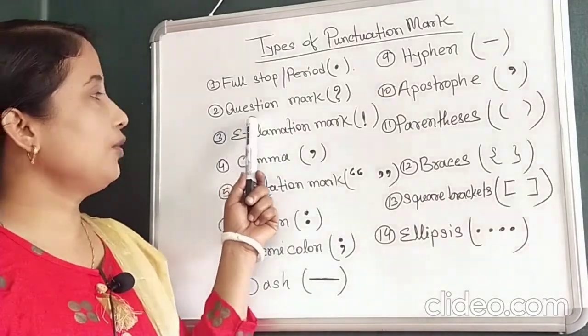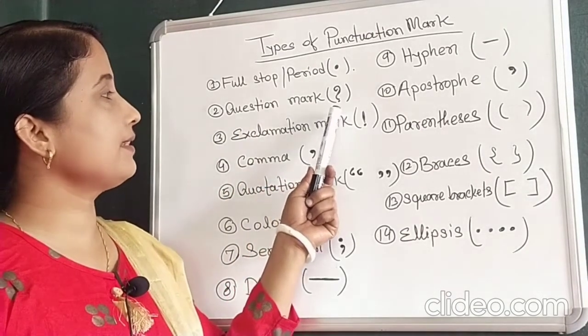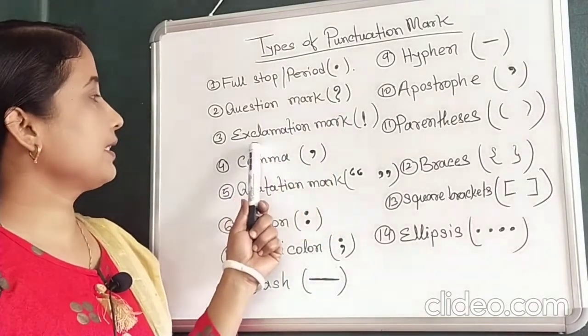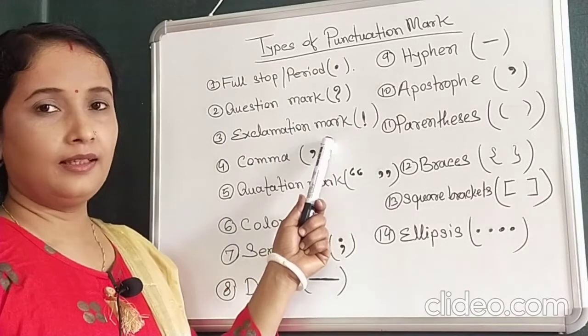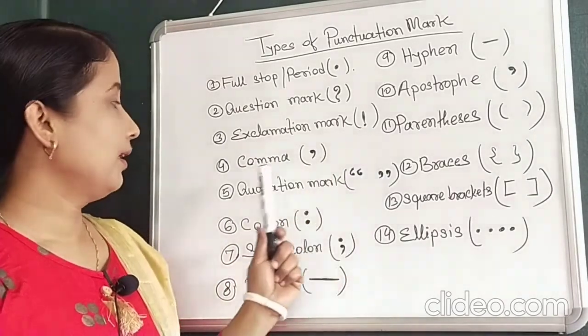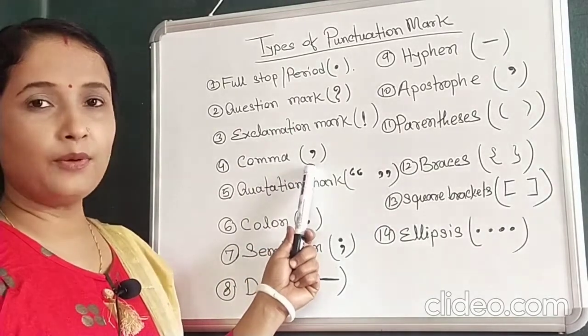Next is question mark, and the symbol of question mark is this. Next, exclamation mark, the symbol is this. Comma, and this is the symbol of comma.